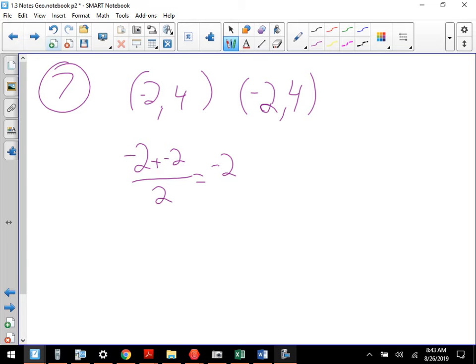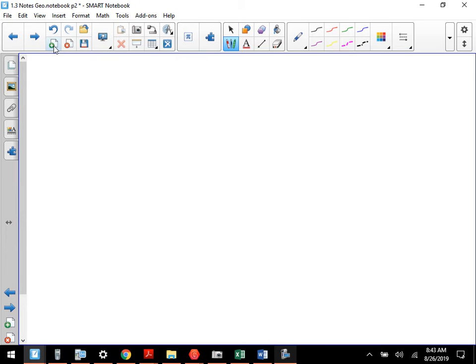But flip it over real quick and let's revisit how we find the missing endpoints. Remember, if you're doing a missing endpoint and you have one endpoint, we'll do 13. 13 is negative 6 and 8, and it has the midpoint at 5 and 5.